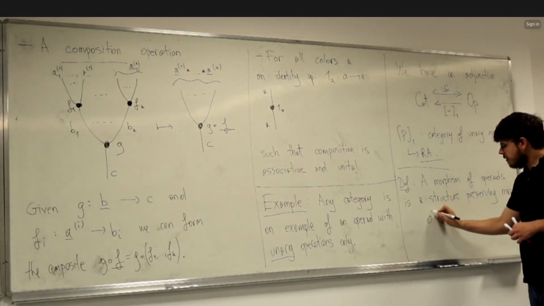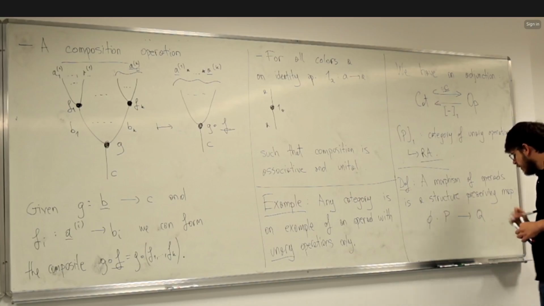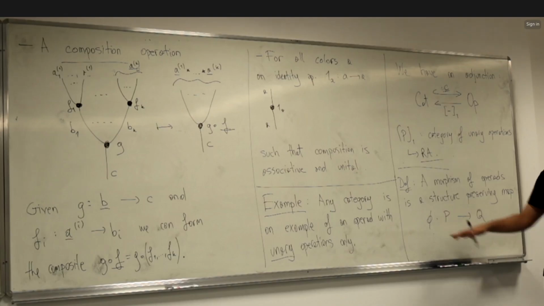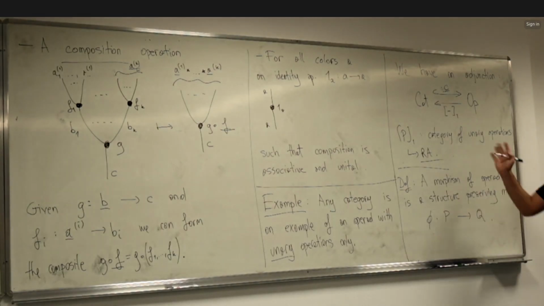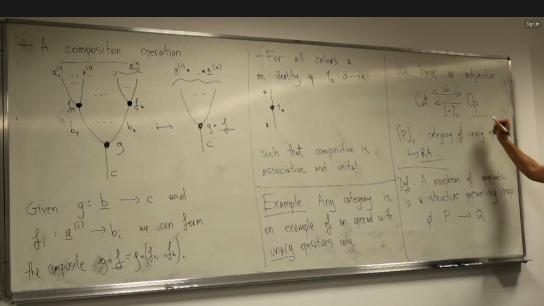So you can have a phi from operad P to operad Q. And as you can imagine, it maps colors to colors, operations to operations, preserves number of inputs, preserves identities, preserves composition. That's the first thing you imagine. Okay, so that's the notion of morphism in this category of operads.